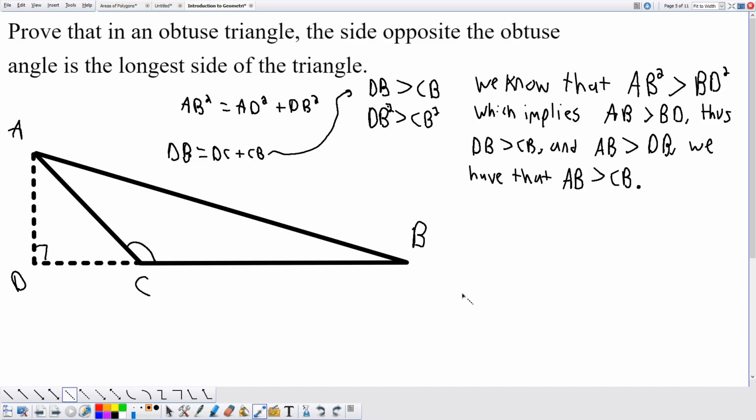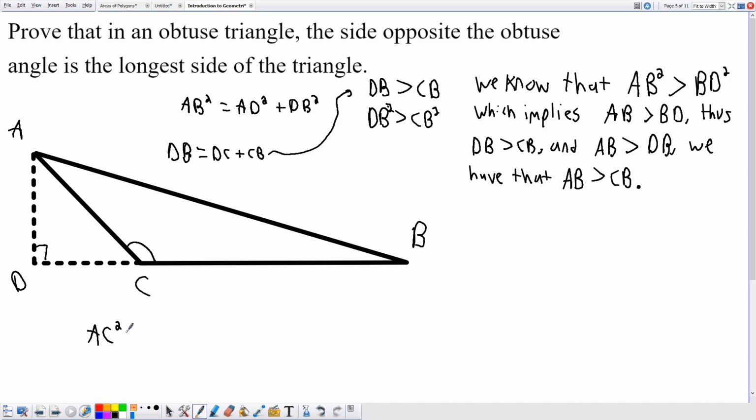Alright, well, what are some of the things that we can figure out? Applying the Pythagorean Theorem again, AC squared is equal to DC squared plus AD squared. Okay, we know that that's true.